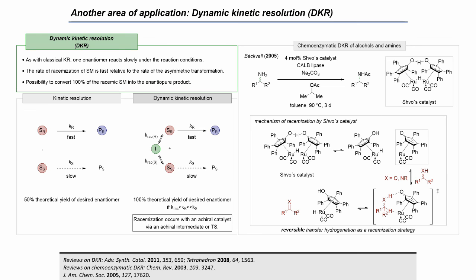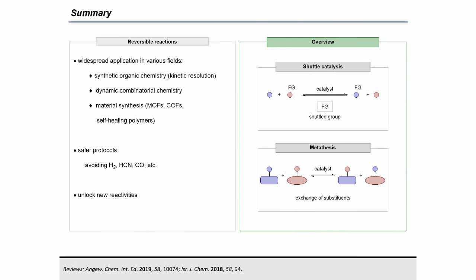To sum up, reversible reactions have not only been useful in the context of dynamic combinatorial chemistry and material synthesis, but also have been utilized in synthetic organic chemistry to access more functionalized or enantiomerically enriched products.